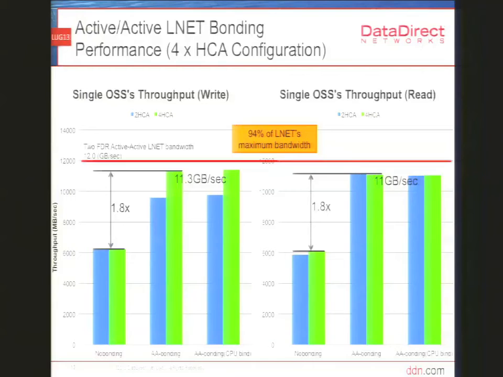This is 1.8 times faster compared to the one FDR link configuration, and it is about 94% of the two-LNET maximum bandwidth, which is a quite nice number.